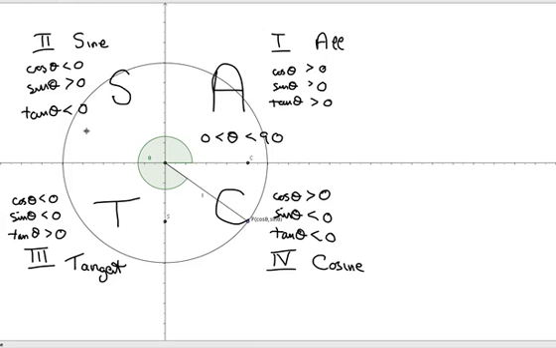In this case, theta goes from 90 to 180. In this case, theta goes from 180 to 270. And in this case, theta goes from 270 to 360, not including the 90, 180, 270, or 360. If you get an angle of 90, 180, 270, or 360, it's not in any of these particular quadrants.